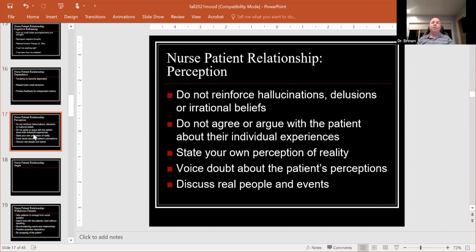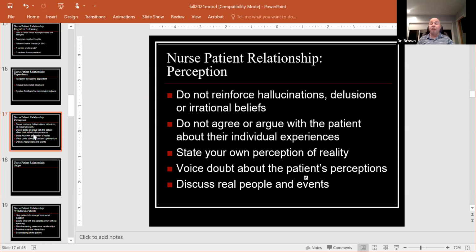When you're dealing with a patient that's psychotic, you don't want to reinforce their behavior as far as hallucinations or delusions. For example, they say, "Oh, I see 150 pink elephants on the wall." You want to talk about real time, real events, and you want to frame it. Mr. Smith, I don't see any pink elephants.